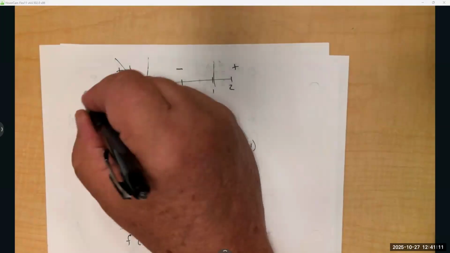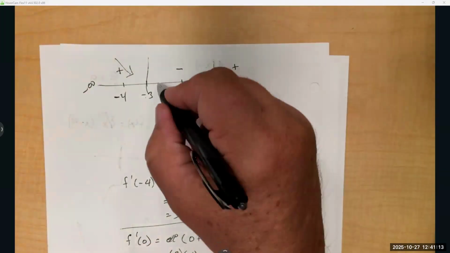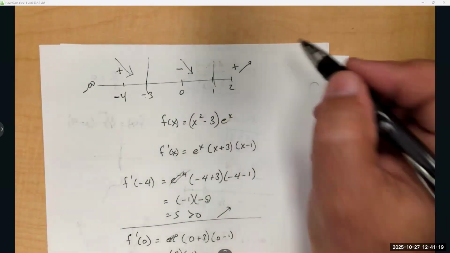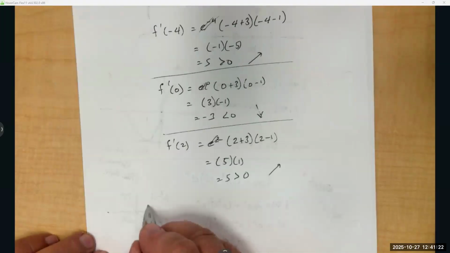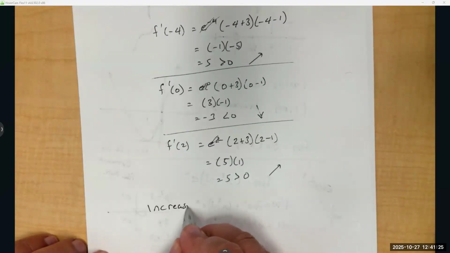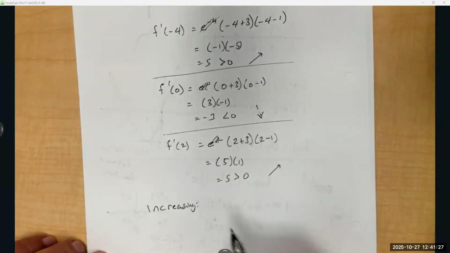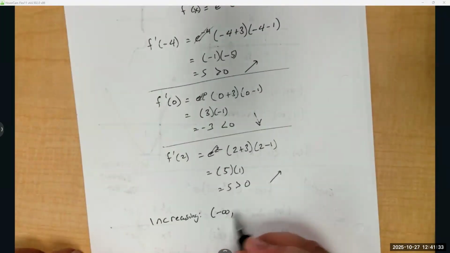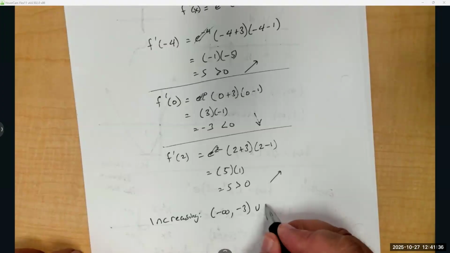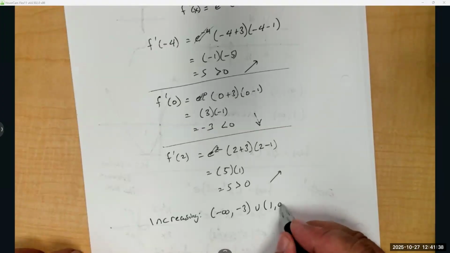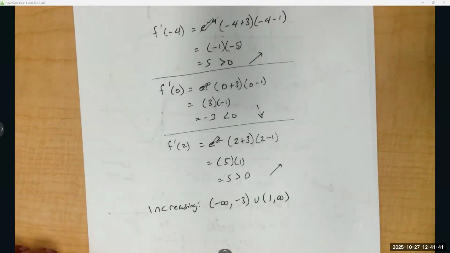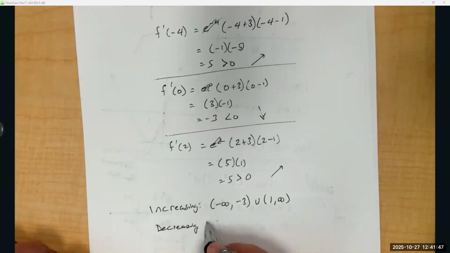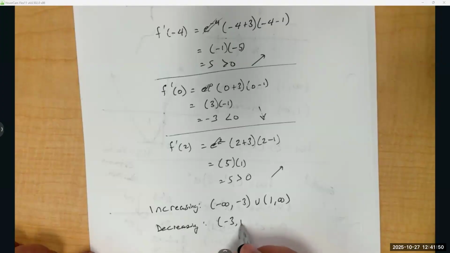So it's increasing from -infinity to -3, decreasing from -3 to 1, and increasing the rest of the way, from 1 to +infinity.